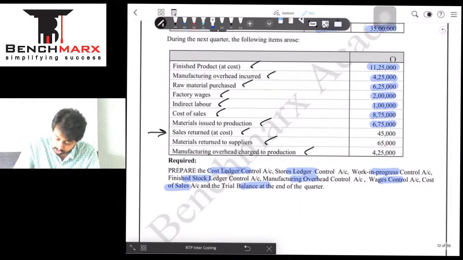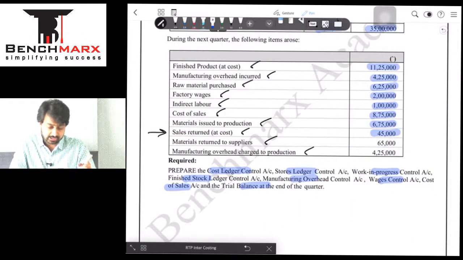Then you have sales return, cost of sales. First of all it's a sales return at cost. I don't see a sales figure here. If I had sales, I would need the selling price. Since the COS is mentioned at cost, it is my job to include these goods in my FG because goods are coming back, so it will enter my finished goods. So we debit FG, one effect. And since this cost of sales is coming back, I need to reduce it from the total cost of sales, so COS credit and FG debit.